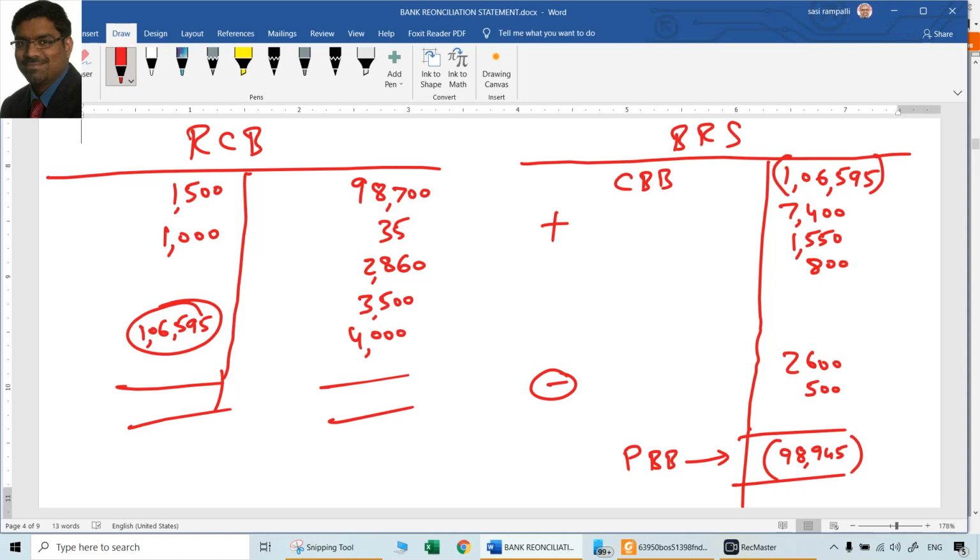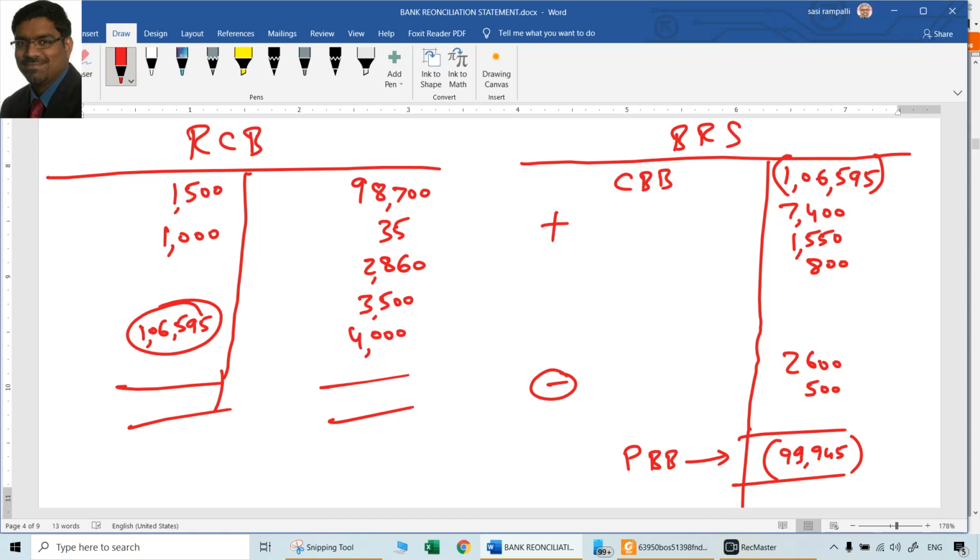So start with that. Minus 106,595 plus 7,400 plus 1,550 plus 800 minus 2,600 minus 500. It should be 99,945. That is the correct answer.